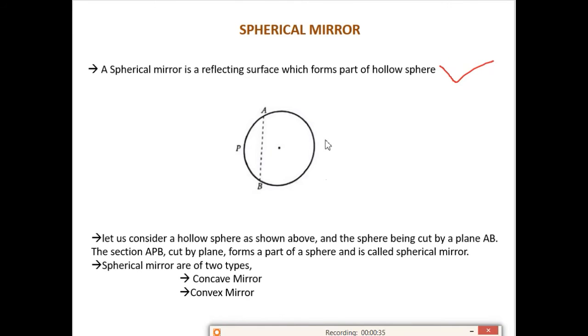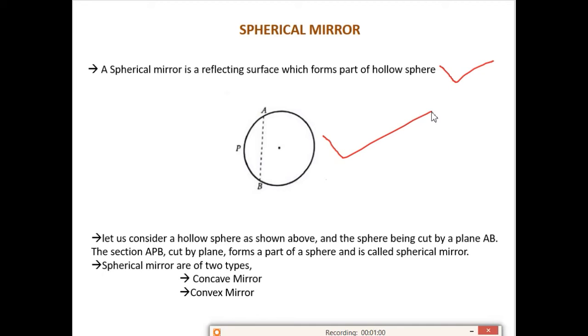Let's consider a hollow sphere as shown in the picture. Let this hollow sphere be cut by plane AB, then the section APB forms the part of the hollow sphere and it is called a spherical mirror.